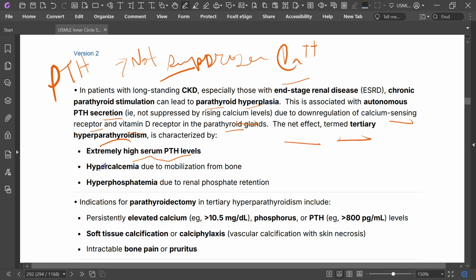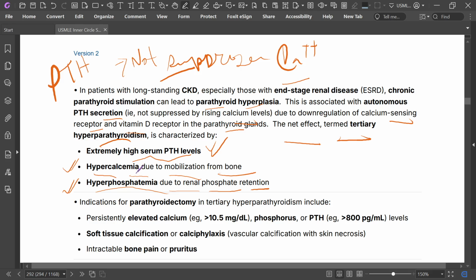There is an extremely high PTH level, hypercalcemia due to mobilization from the bone, and hyperphosphatemia due to renal phosphate retention.